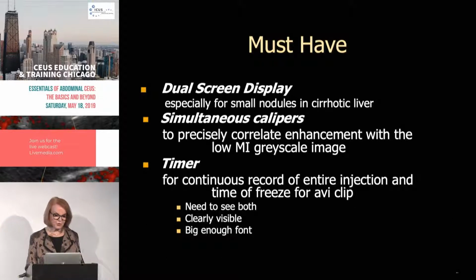So it's essential. And then the timer is very important because on CT and MR scan, we tend to use arterial phase, portal phase, and late phase as descriptive terms for broad intervals of time. Whereas on contrast ultrasound, we're going to record everything that we record in terms of what that timer says.